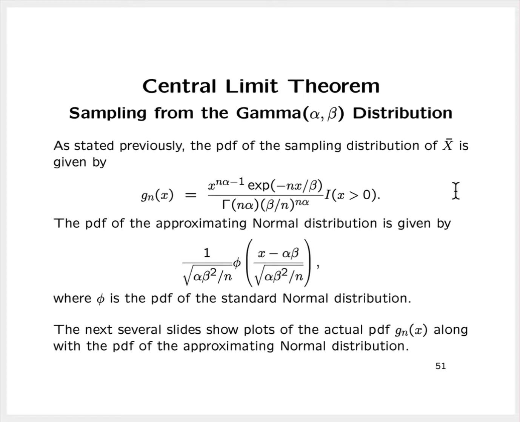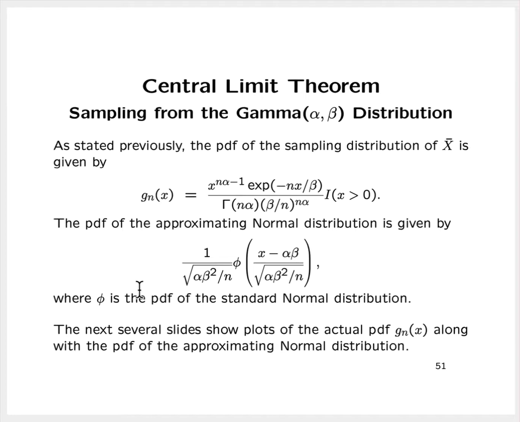And as previously stated, the PDF of the sampling distribution of x bar is given by this expression here. The PDF of the approximating normal distribution would be given by this expression, where lowercase phi is the PDF of the standard normal distribution. We would be evaluating the PDF of the standard normal distribution at this expression here, and pre-multiplying by that.